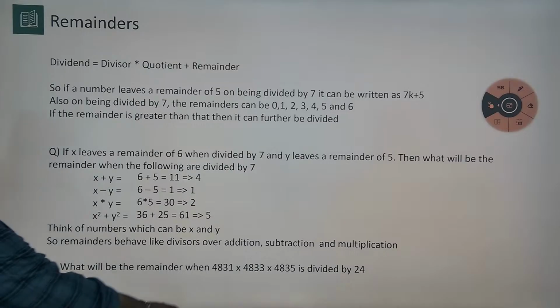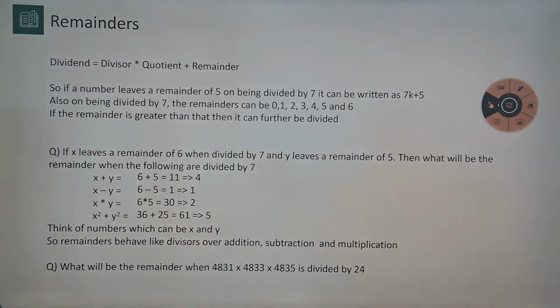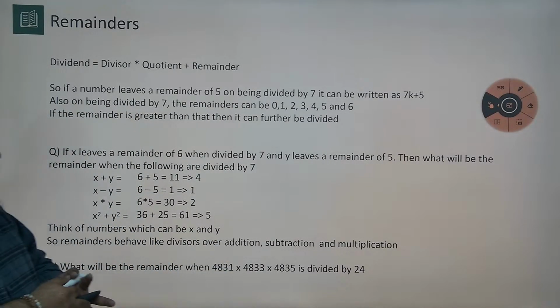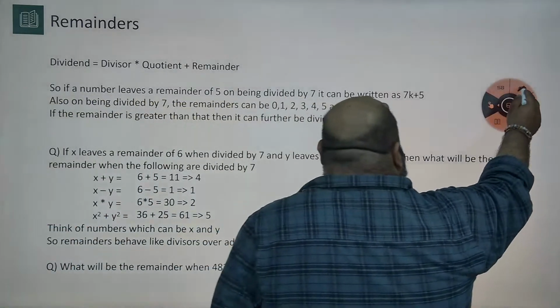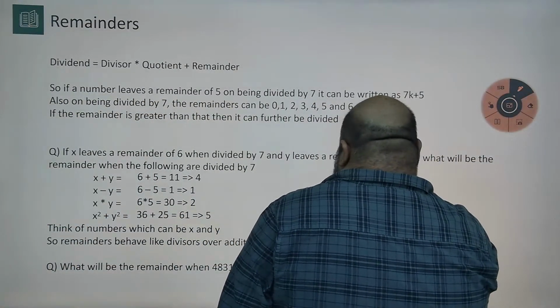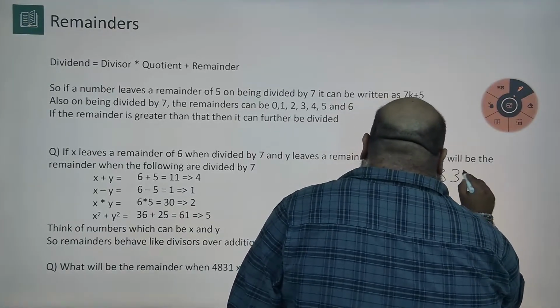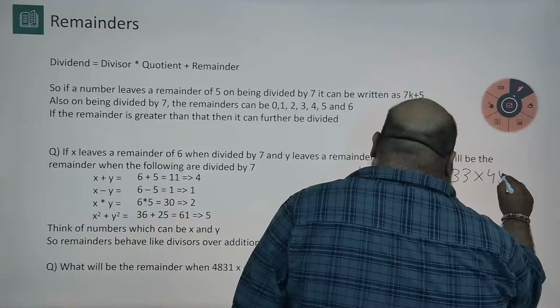4831 into 4833 into 4835 is divided by 24. What is the remainder? 4831, 4833, 4835.